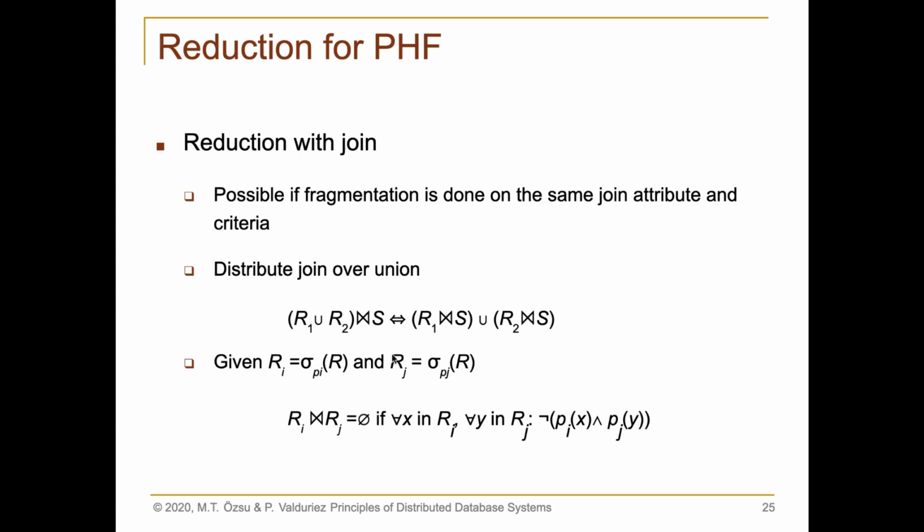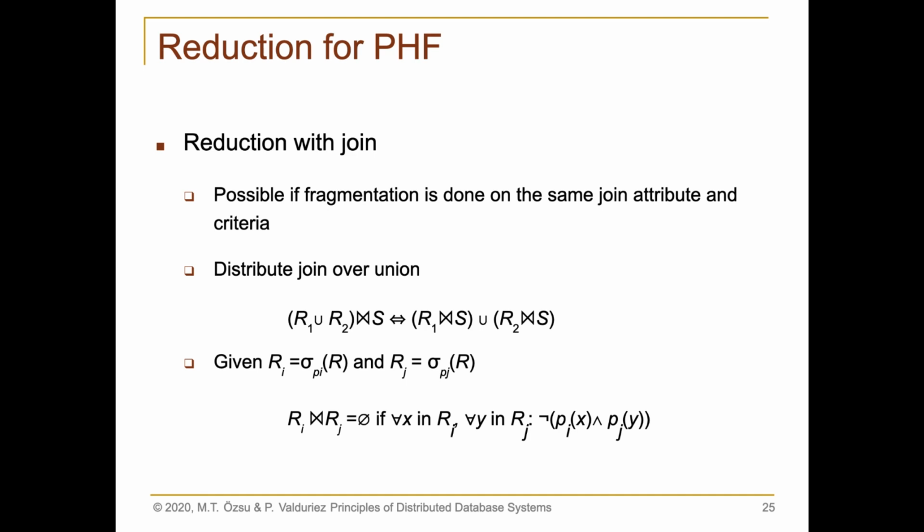For instance, if we have two relations R1 and R2, which are fragments or subrelations of relation R, then the join between this union of the two relations and another relation S can be further represented as the join between the first fragment and the relation S, union the join between the second fragment and a relation S. So this, we call it distribution of join over union.